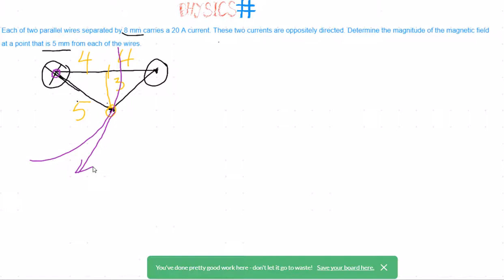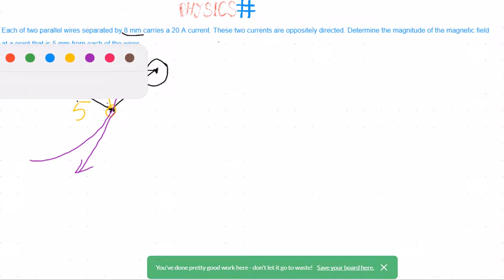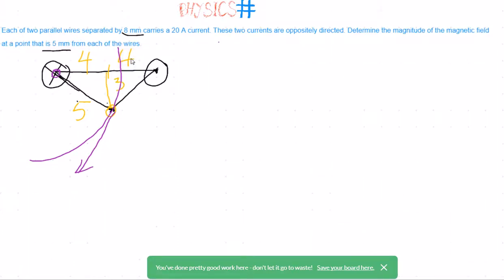Now you can verify the direction of the magnetic field at this point due to the other conductor. Let me change the color now, it will be confusing otherwise, because we'll have so many circles and arrows going on. In the other conductor, if I draw a similar circle around it, then, okay, let me try it again.